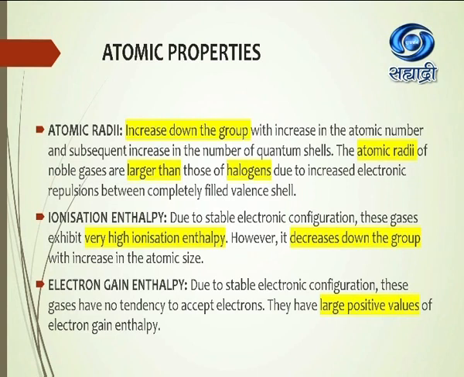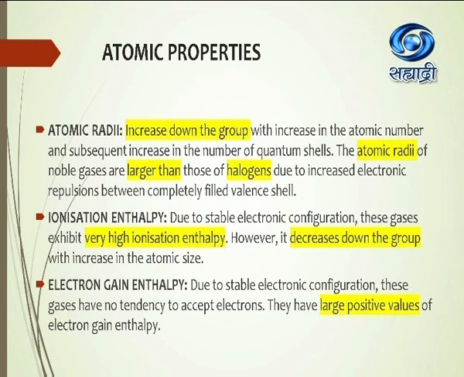Every time there is introduction of a new shell. So overall size of the atom increases and thus atomic radius increases as we move down the group, that is from helium to radon. The atomic radii of noble gases are larger than those of halogens due to increased electronic repulsions between completely filled valence shell.